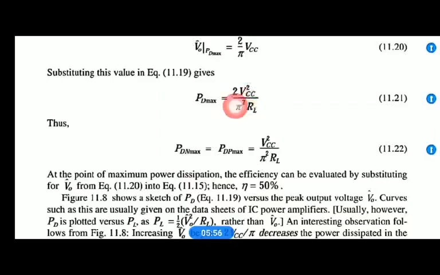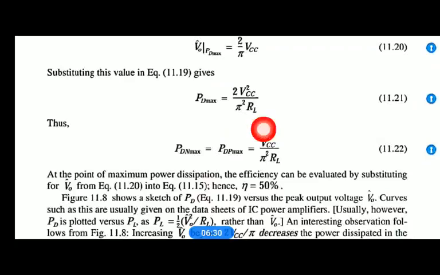So this is divided by 2, and PDN max is also equal to PDP max, VCC square by pi square RL, meaning half of the contribution for power dissipation is from transistor QP, and half of the contribution from transistor QN. Therefore the total power dissipation from both the transistors is 2 VCC square by pi square RL.